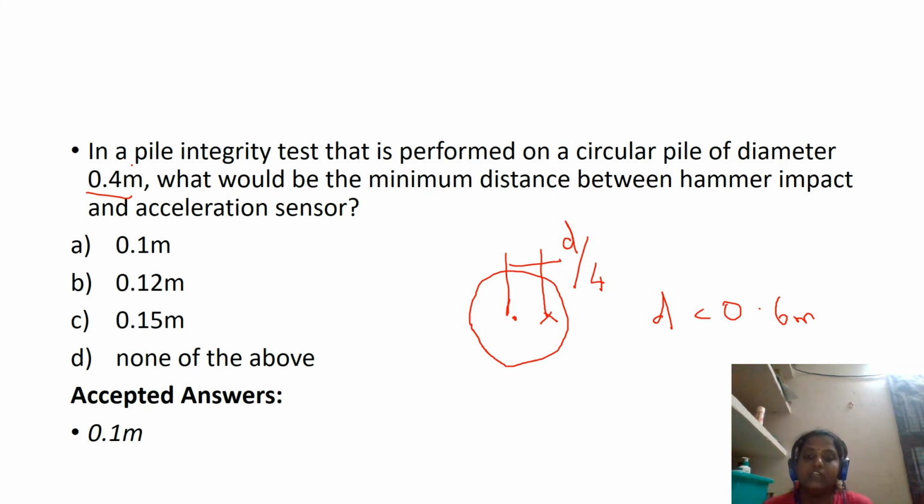That is the main motive. We use a very low force, not a very big hammer, just a small hammer. In low strain tests we have two types: sonic logging and pile integrity test.